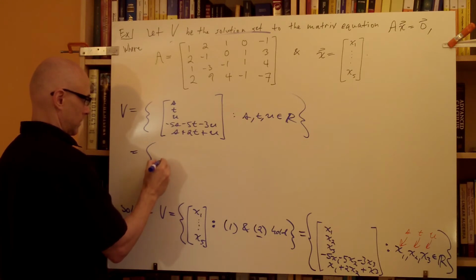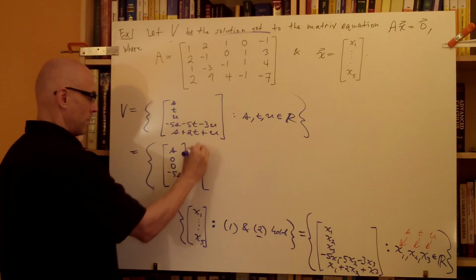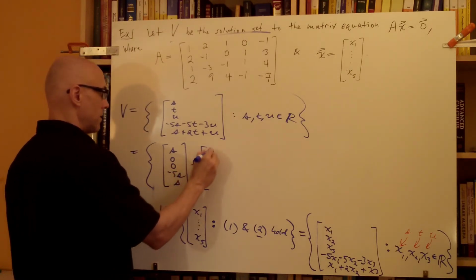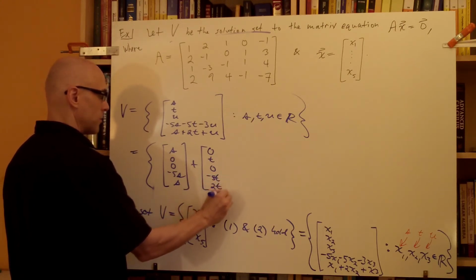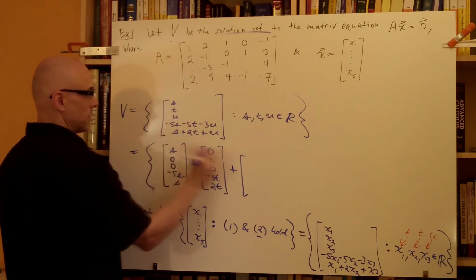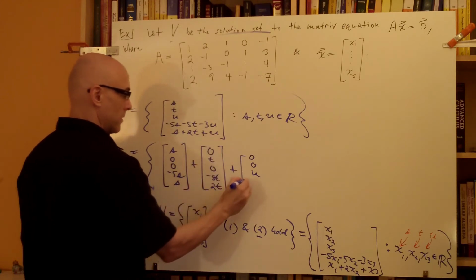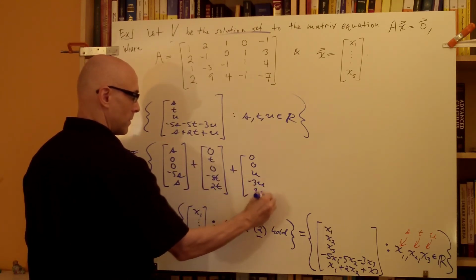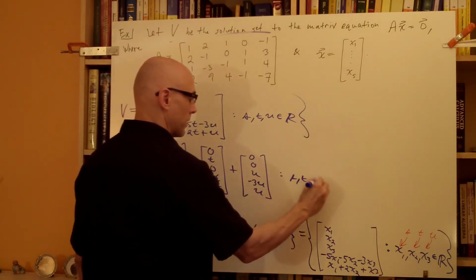The stuff with S in it, the terms with T, and then the terms with U. 0, 0, there's a U. Minus 3U plus U. Again, S, T, and U are reals.